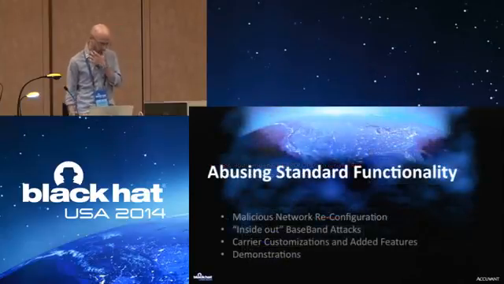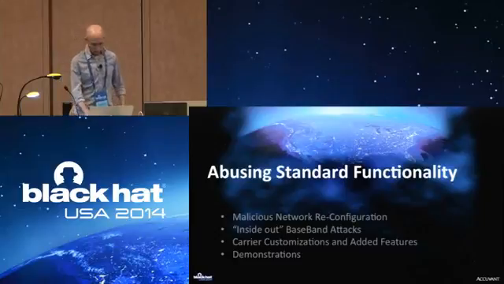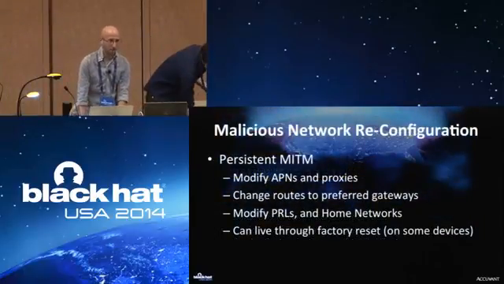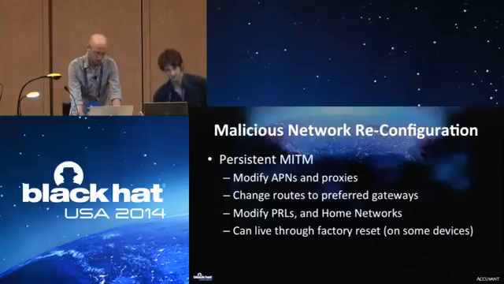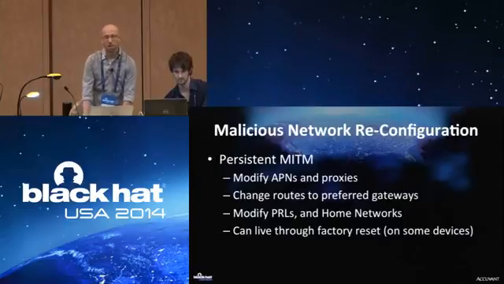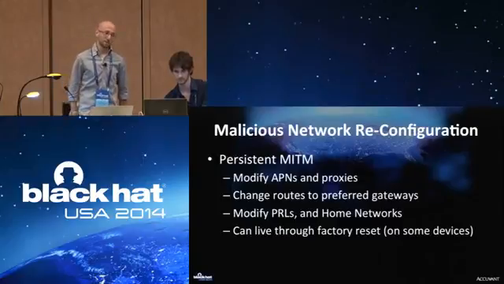So let's go into abusing some of the standard functionality. I'm going to talk about some of the interesting things you can do with just the standard functionality. One thing I liked is that if you're using proximity attacks, so you have to get a base station pretty close, you can then do persistent man in the middle.